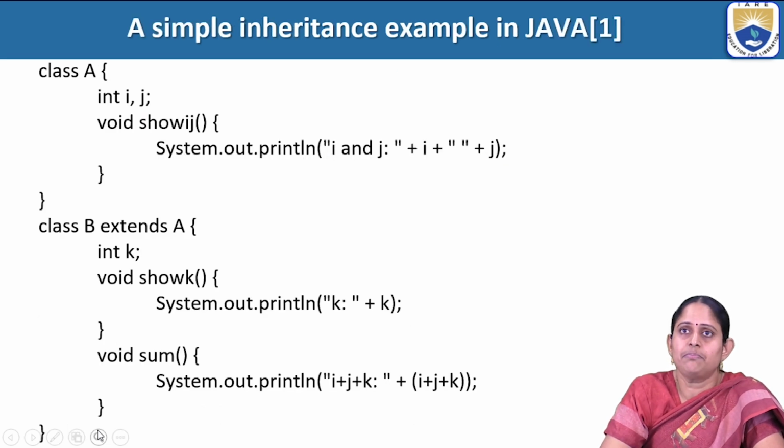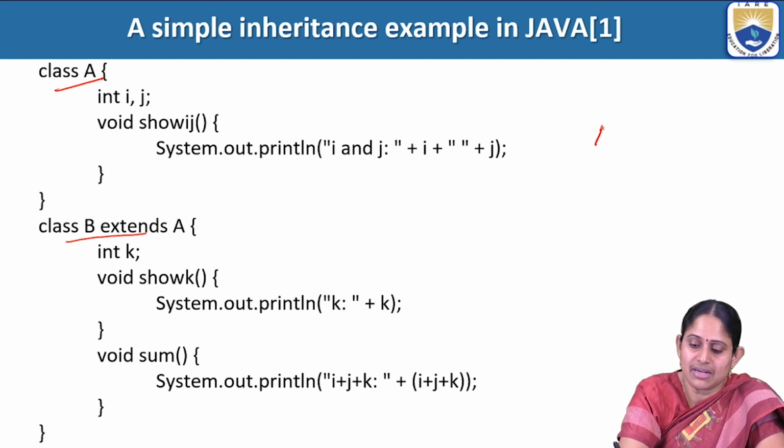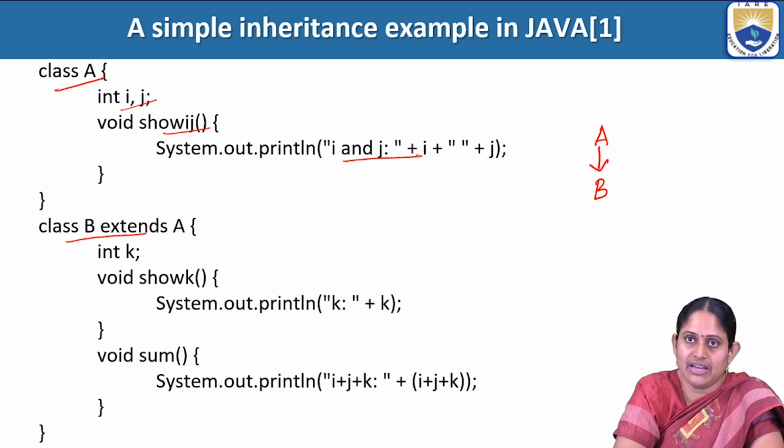So let's look into a simple example of simple inheritance. Here we have one class A, from which class B is extended. That means from class A, class B is achieved. Class A has the instance variable ij and a show ij method, which will display the i and j values.